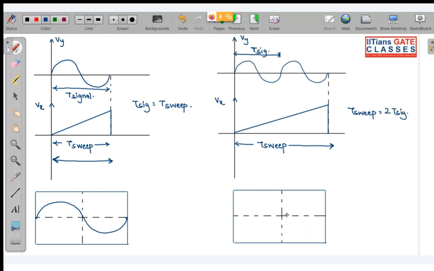So how many cycles are you going to see on the screen? Whatever the time period of the sweep is, the same amount of time is going to be mapped on the horizontal axis of the screen. So how many cycles do you think will be visible?